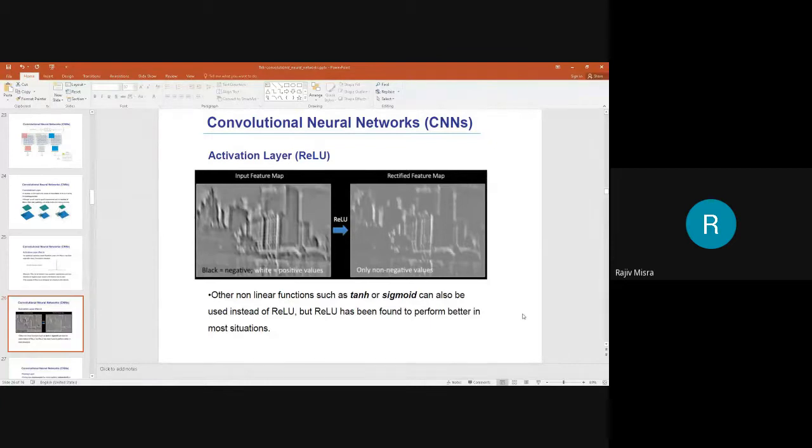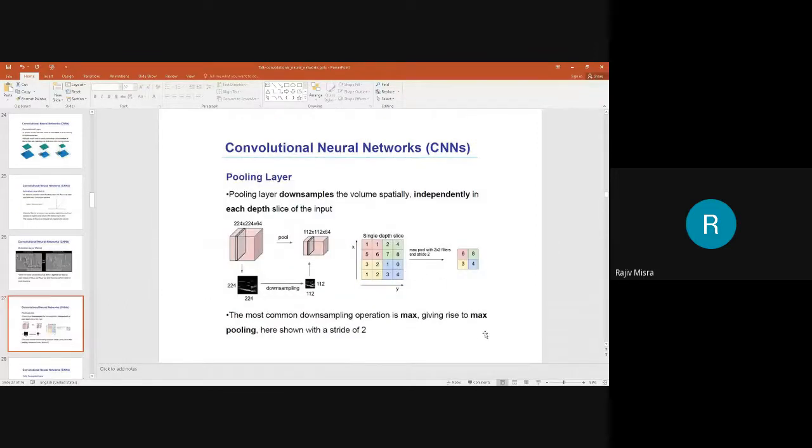If you apply the ReLU function, the black, meaning negative, is suppressed with the 0 value, so there is no negative present on the right side. There are other nonlinear functions in the activation layer, such as tanh and sigmoid, which can also be used instead of ReLU, but ReLU has been found to perform much better in most situations. Hence ReLU is the most popular activation function used in the activation layer.